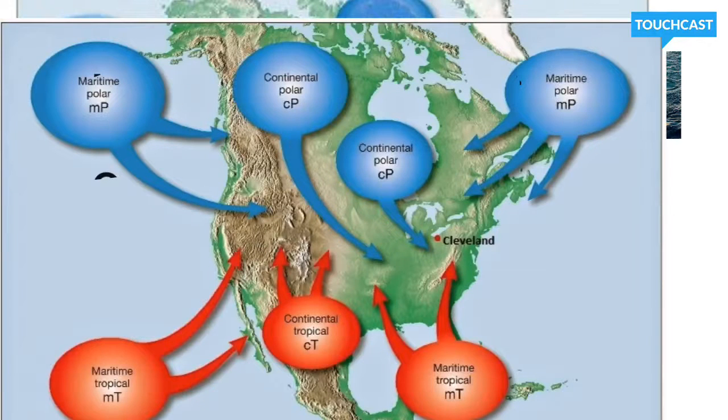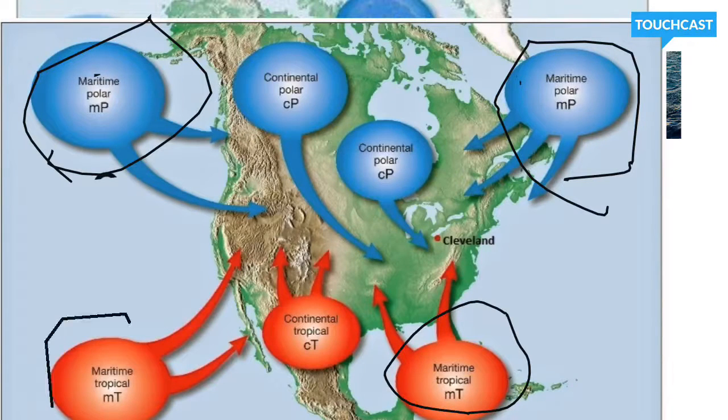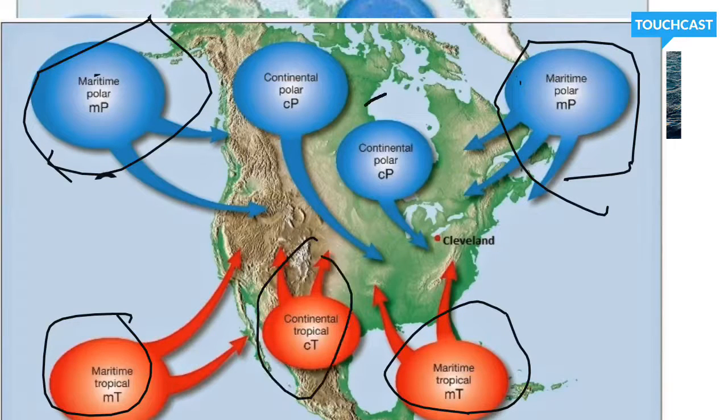Now these are the major air masses over America. Anything that's going to come from the ocean is typically going to be a maritime air mass. Anything from a continent is going to be a very dry air mass.